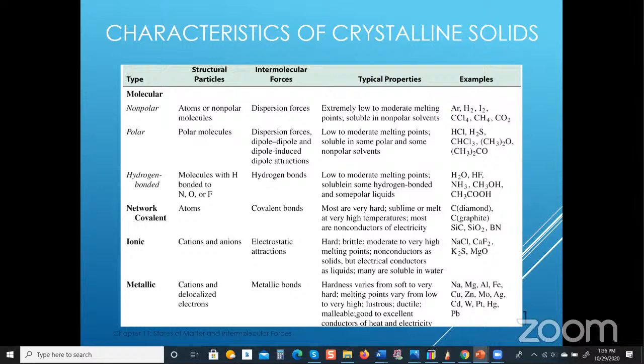So iron and titanium and all these other metallic elements tend to be hard and tend to have high melting points. They're lustrous, ductile, malleable, and they tend to be very good conductors of heat and electricity. All right, so some examples are given here. So this is basically a summary of the different types of properties displayed by different substances and how they relate to the structure and the type of intermolecular forces that exist within these substances. All right, okay.